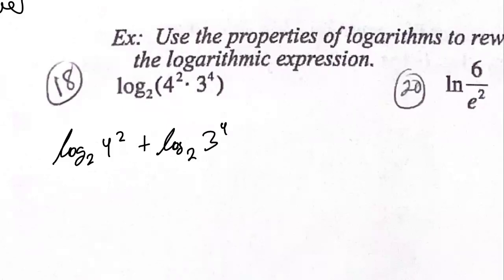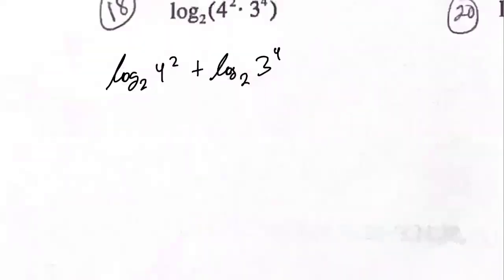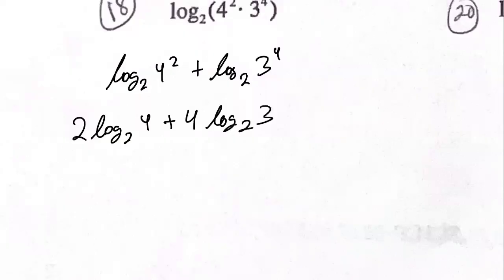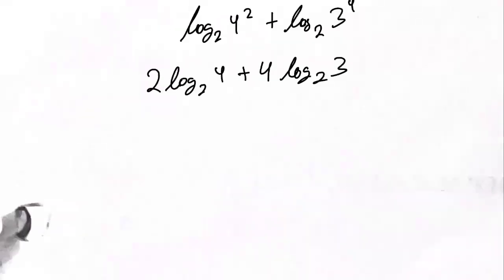And then we can use the power rule, take the exponent, bring it to the front. And then we can simplify as much as we can. The only one that can't simplify is this one right here, because you can rewrite 4 as 2 squared.